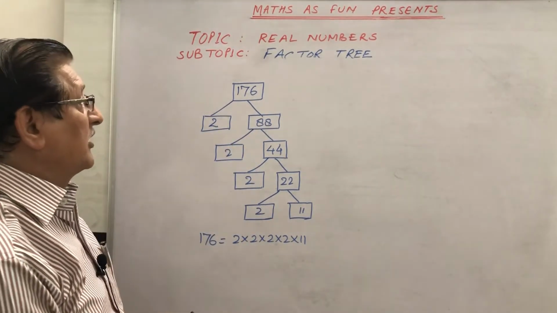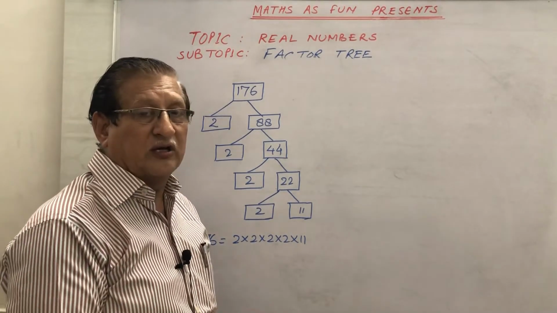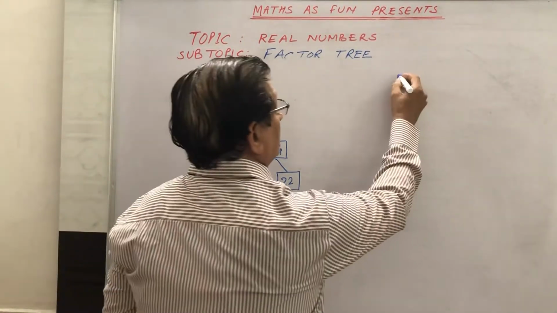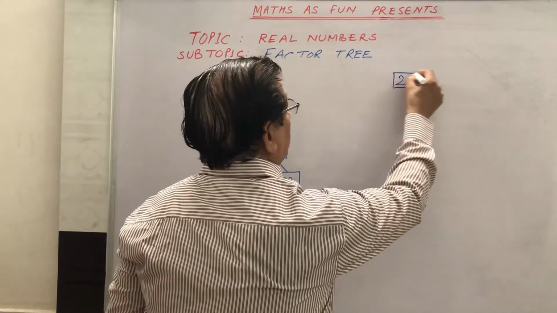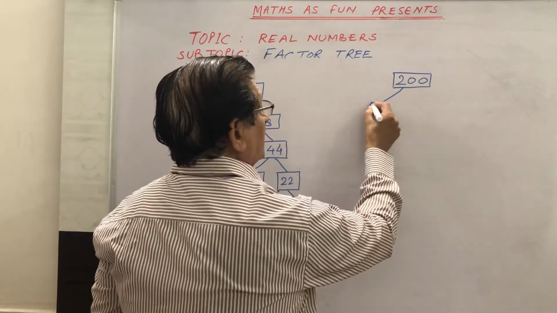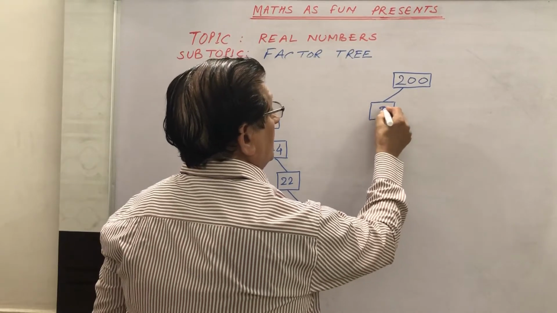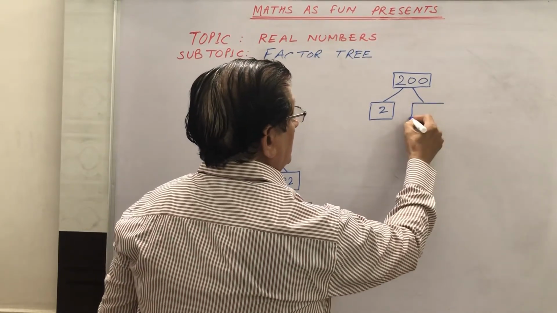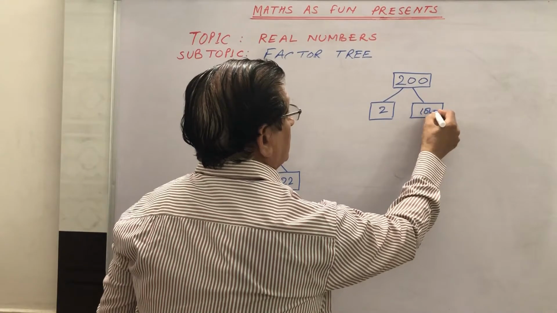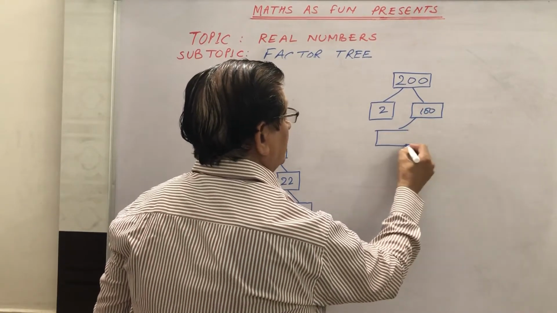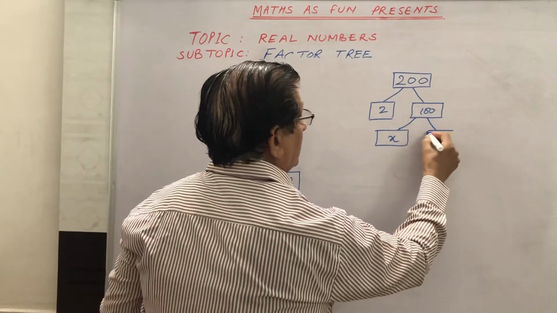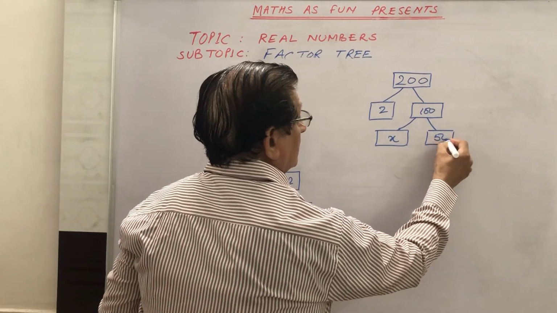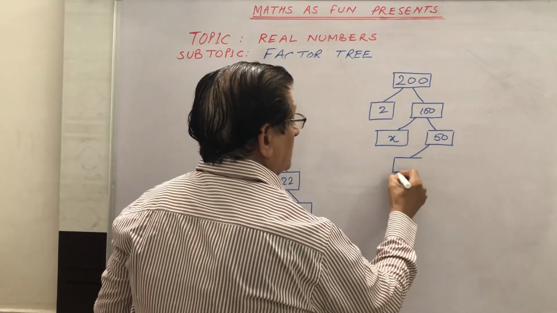What type of question can be asked in another way? Sometimes, suppose you are given a question with 200. The number given here is 200, and then you are given 2. You know that it will come 100. Here nothing is given, suppose X, and then you get 50. Then here 2.